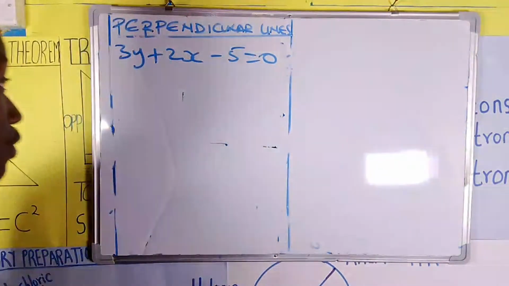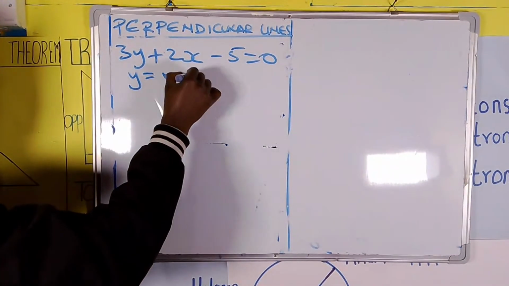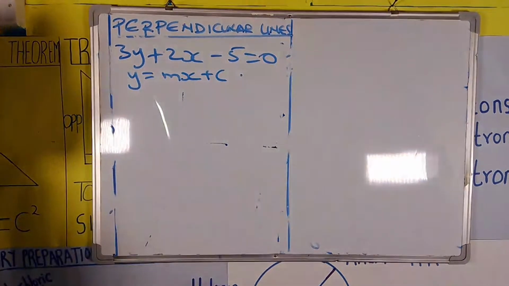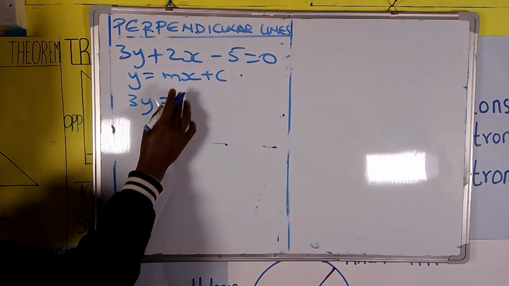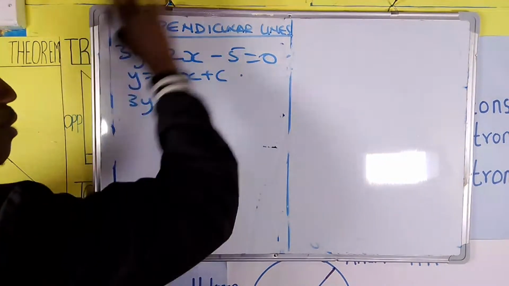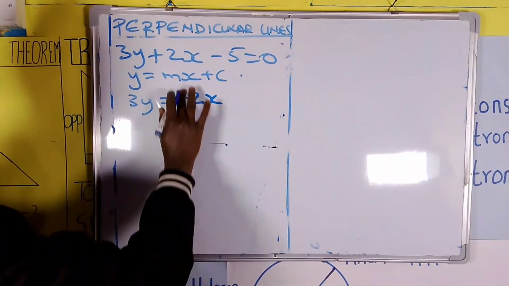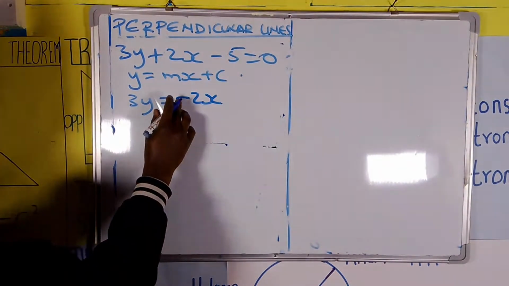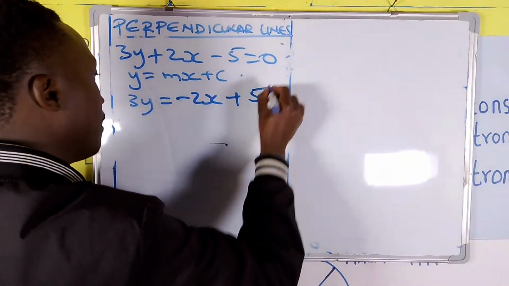So what we are going to do is write our equation in the form y equals mx plus c. We will hold 3y there, introduce the equal sign as it is, then take plus 2x to the other side of the equal sign to be negative 2x. After doing so, we will take negative 5 to the other side to become positive 5.